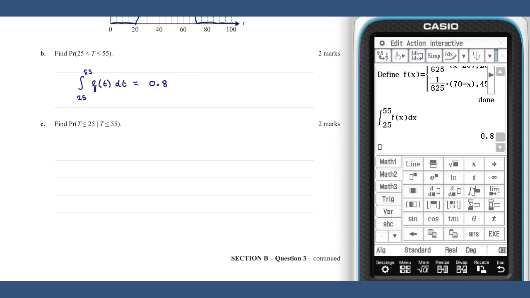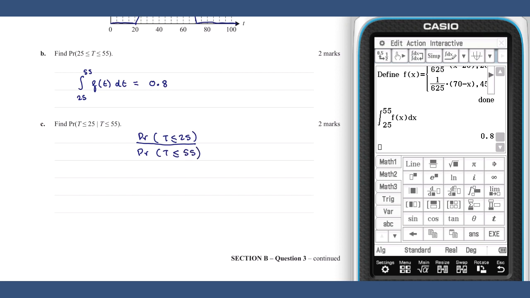Part C. To find the probability of t less than 25, given that t is less than 55, we need to find the probability of t less than 25 divided by the probability that t is less than 55.